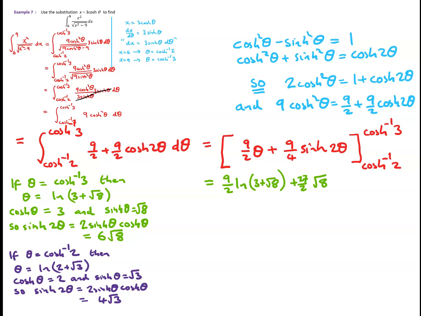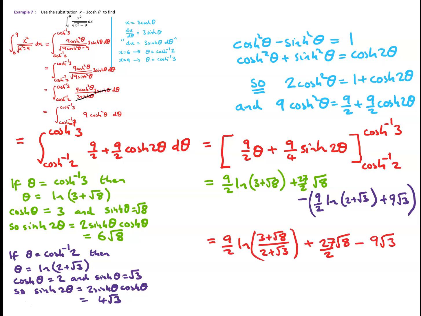If we've got theta equals cosh to the minus 1 of 2, then going through the same sort of working again, we're going to get a value of 9 over 2 theta plus 9 over 4 sinh 2 theta of 9 over 2 times by the logarithm of 2 plus root 3 plus 9 root 3. So at that stage we have got an exact value for the integral.